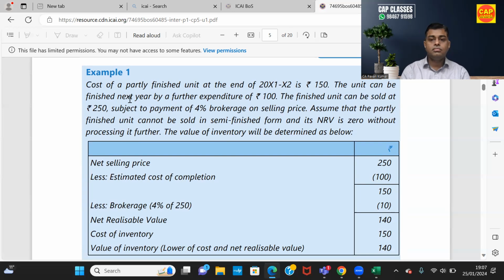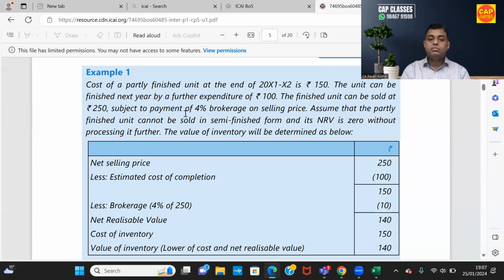The finished unit can be sold at rupees 250, subject to payment of 4% brokerage on selling price. You need to incur 4% brokerage on the selling price. So what is the selling price of the product? 250. So 250 into 4% is how much? 10 rupees. Okay, continue.